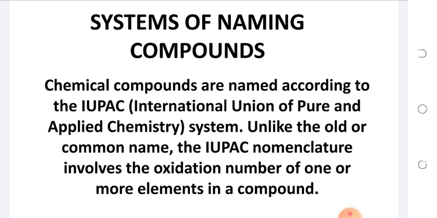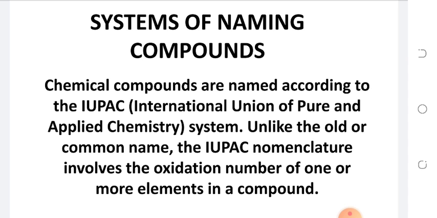The IUPAC system of naming compounds is the current system of naming chemical compounds. IUPAC is an abbreviation for International Union of Pure and Applied Chemistry. It is a body of chemistry that has its headquarters in Geneva, Switzerland.